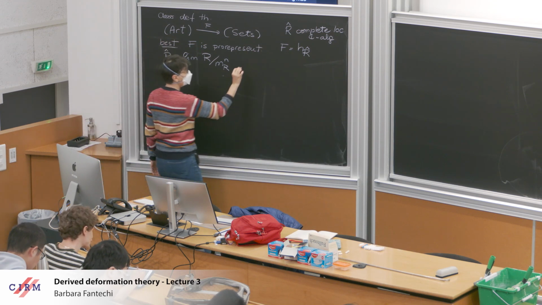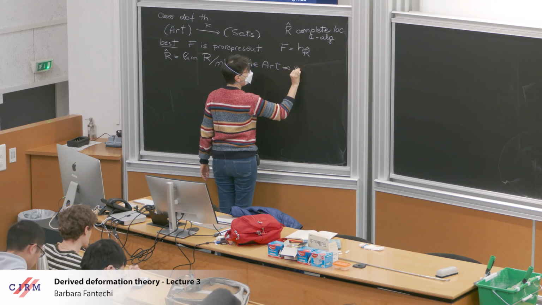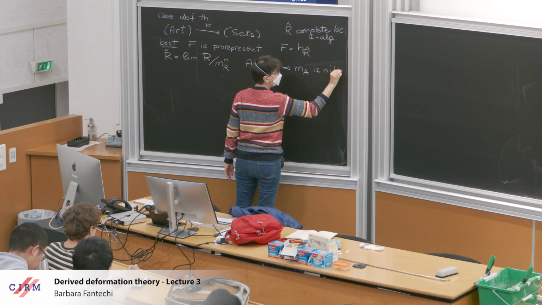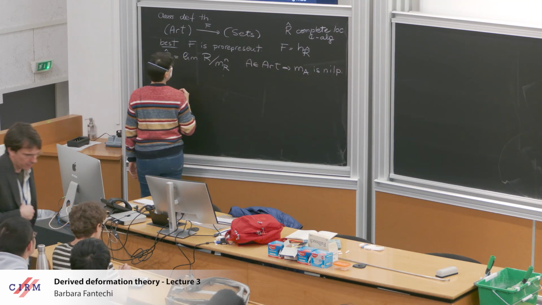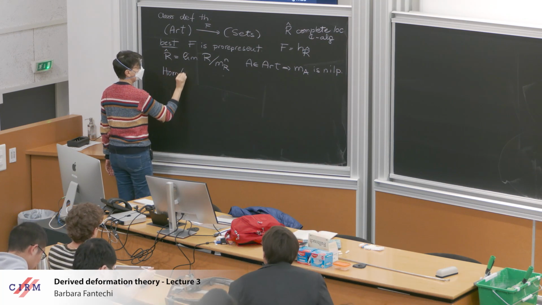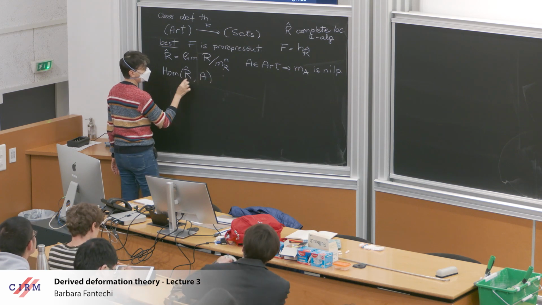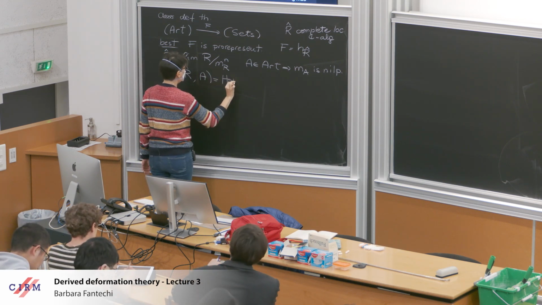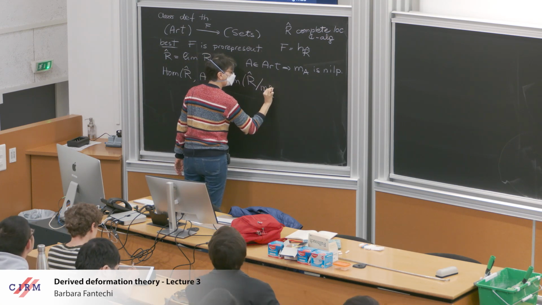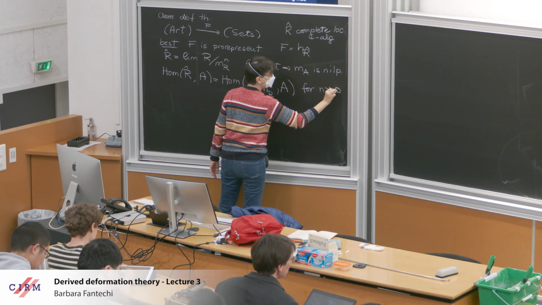Notice that if A is in Rt, then its maximal ideal is nilpotent, which means that if we want to consider homomorphisms from R hat to A, in fact, this is equal to the homomorphisms from R mod m^n to A for n sufficiently big.